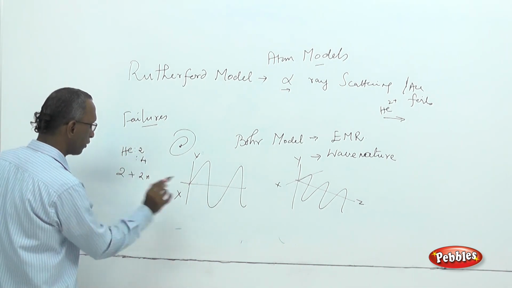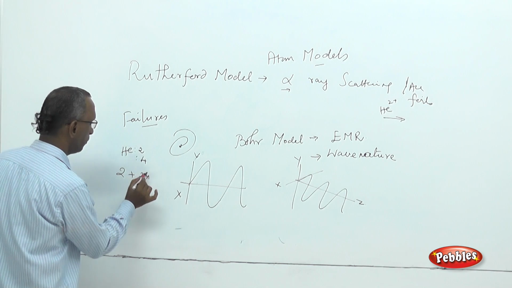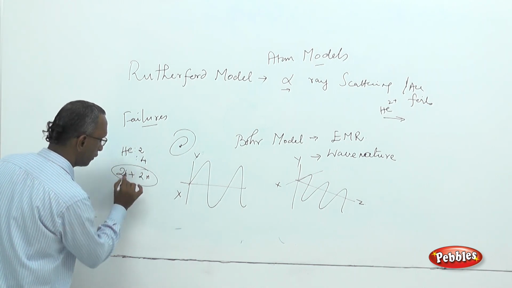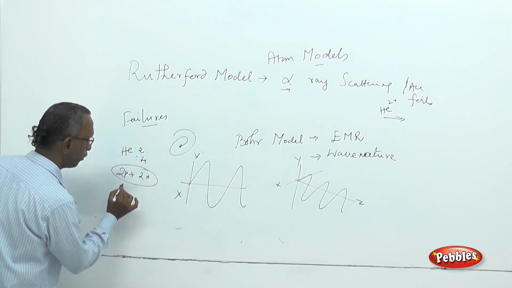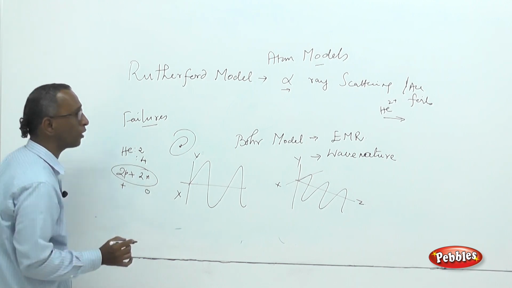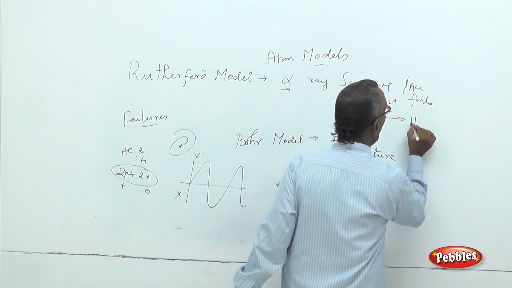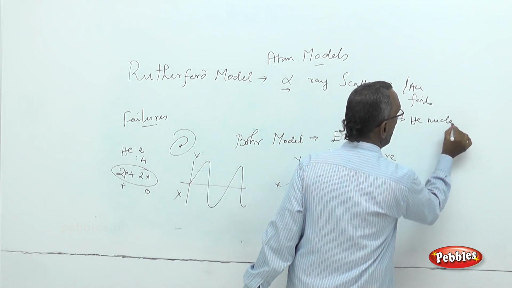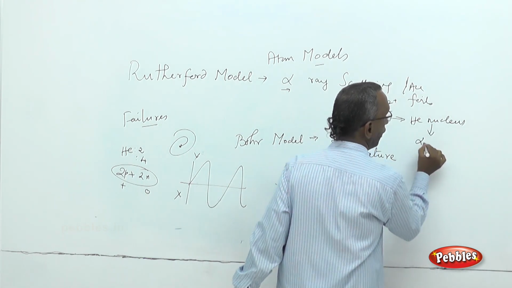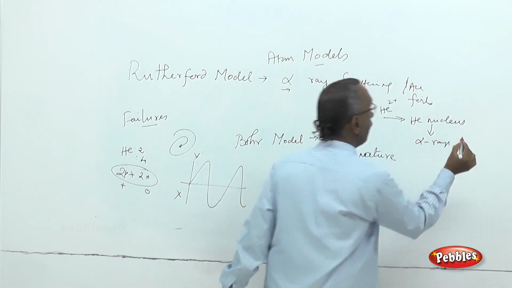When the 2 electrons are removed, you have 2 protons and 2 neutrons. Protons are positively charged, neutrons are chargeless, so it is only nucleus. It is called helium nucleus. Helium nucleus is nothing but alpha rays.